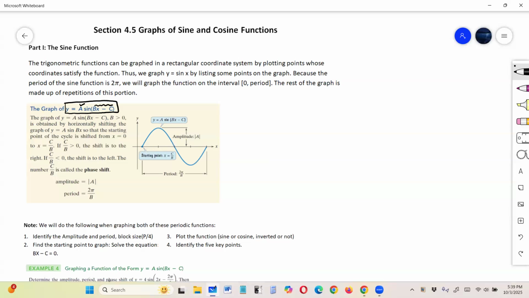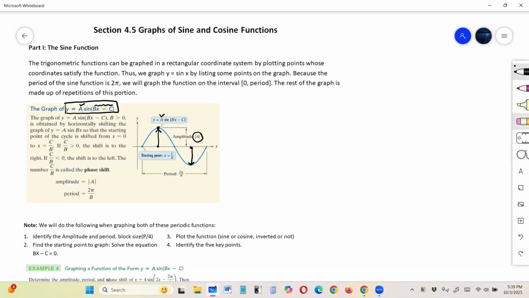Now, the amplitude of the function is the distance from the axis to its highest point, or from the axis to its lowest point. And this amplitude is the absolute value of the coefficient A. So even if A is negative, the amplitude is the absolute value of A.